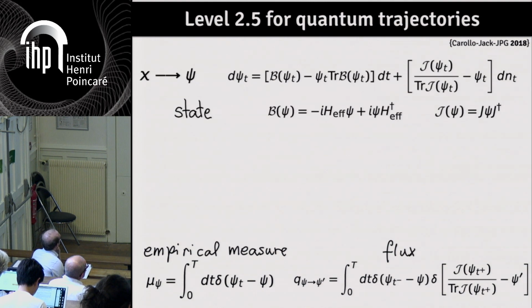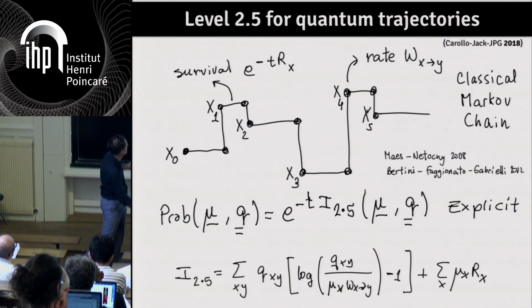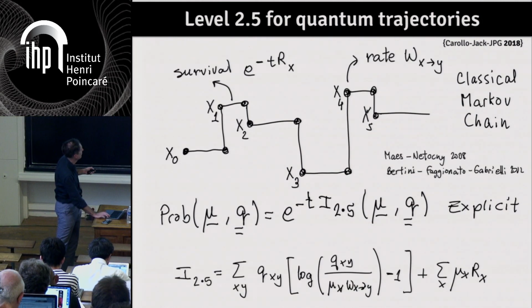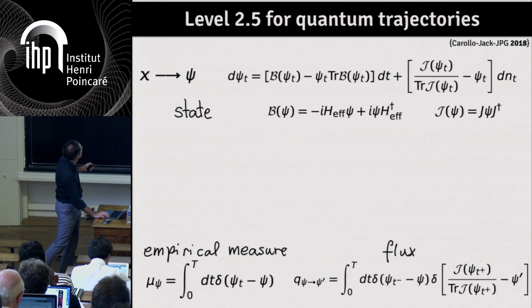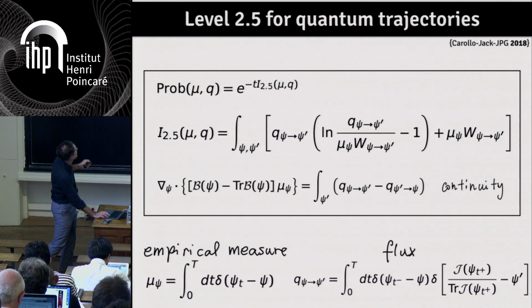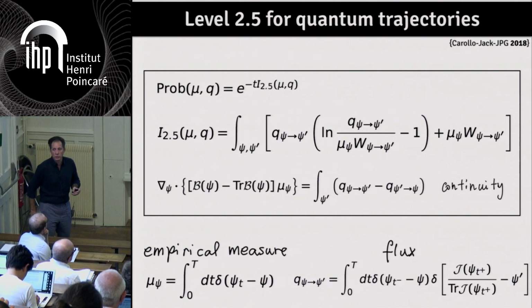Details aside, in the classical case it is Q log Q over something with the empirical. The shape is essentially the same, except that now there is a continuity equation.